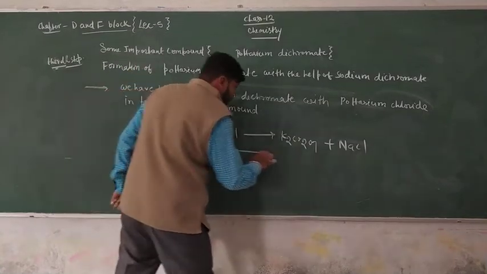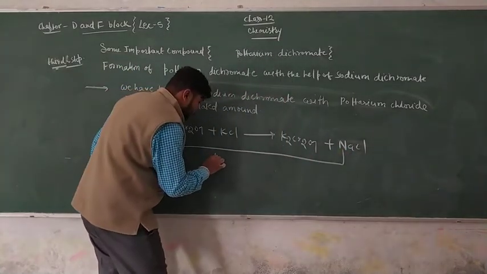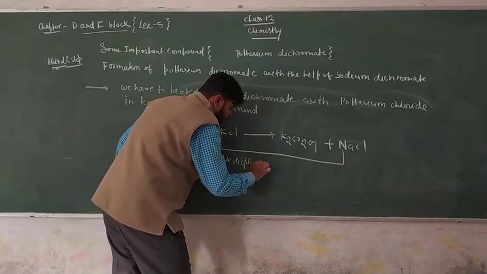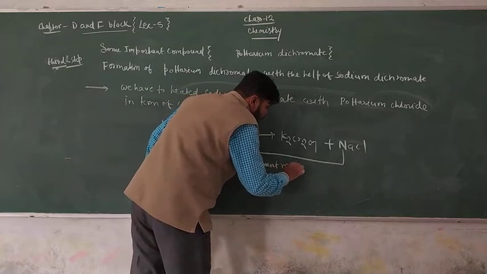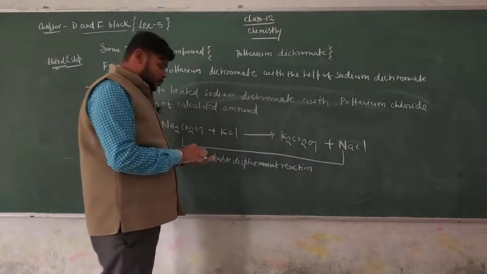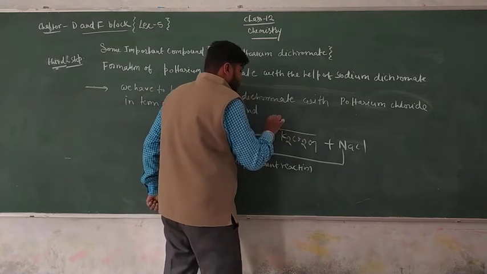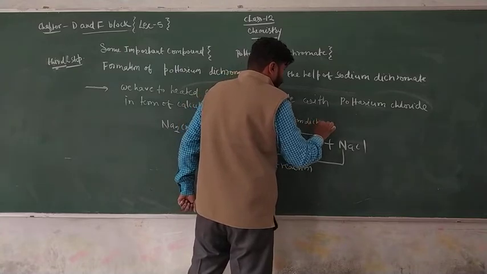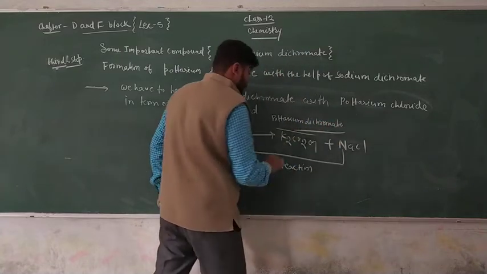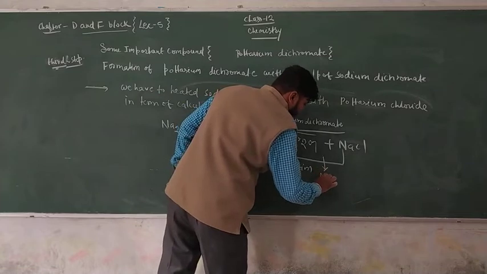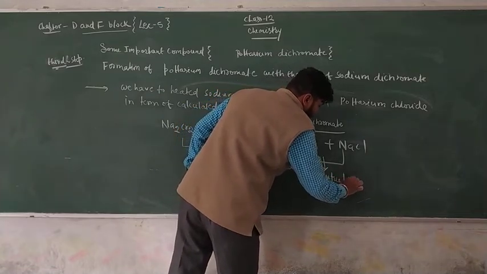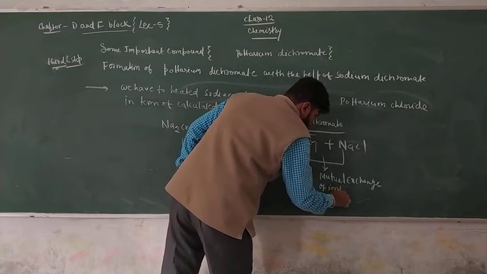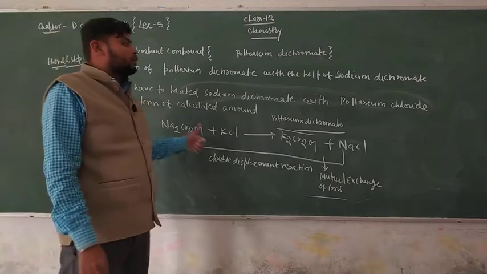It is a double displacement reaction, and our main resulting product, potassium dichromate, is formed by the mutual exchange of ions. So guys, this is about the formation and preparation of potassium dichromate.